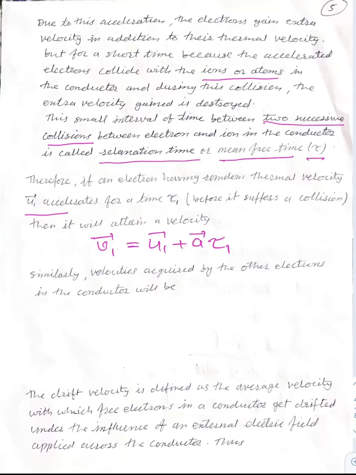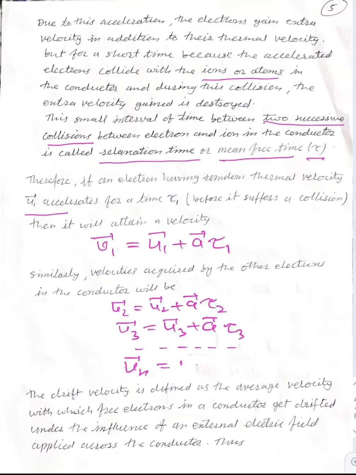Similarly, velocities acquired by the other electrons in the conductor will be v2 = u2 + a·tau2, v3 = u3 + a·tau3, and so on, vn = un + a·taun.